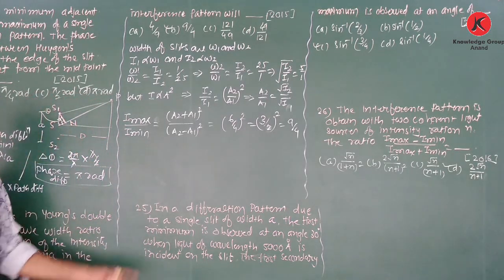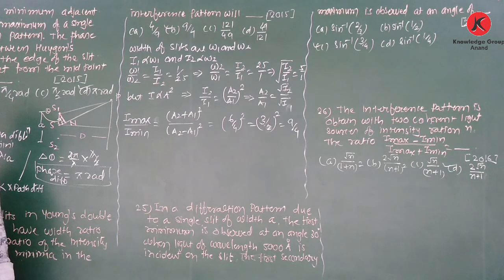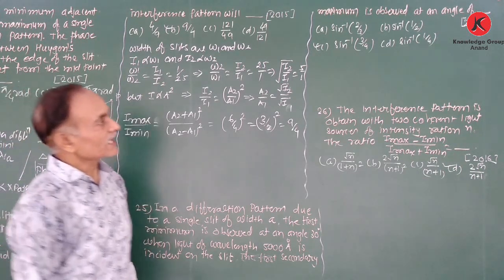Now, after that, in a diffraction pattern due to a single slit of width a, the first minimum is observed at an angle of 30 degrees when light of wavelength 5000 angstrom is incident on the slit. At which angle do we obtain the first secondary maximum?